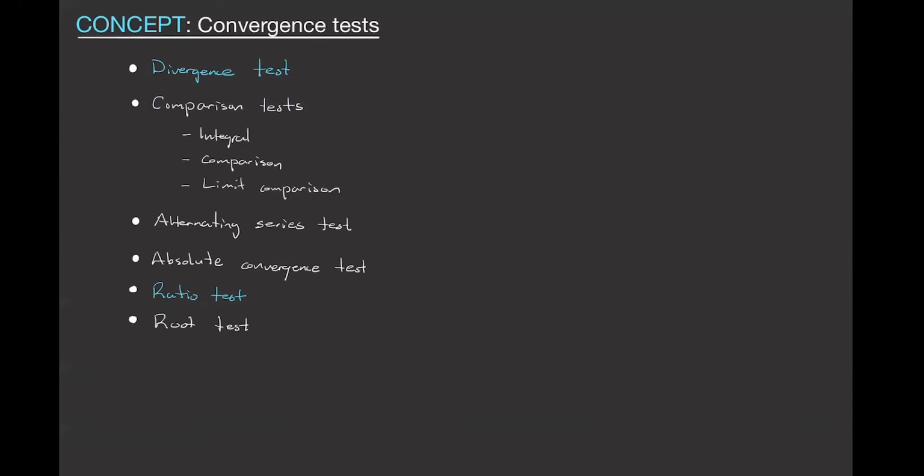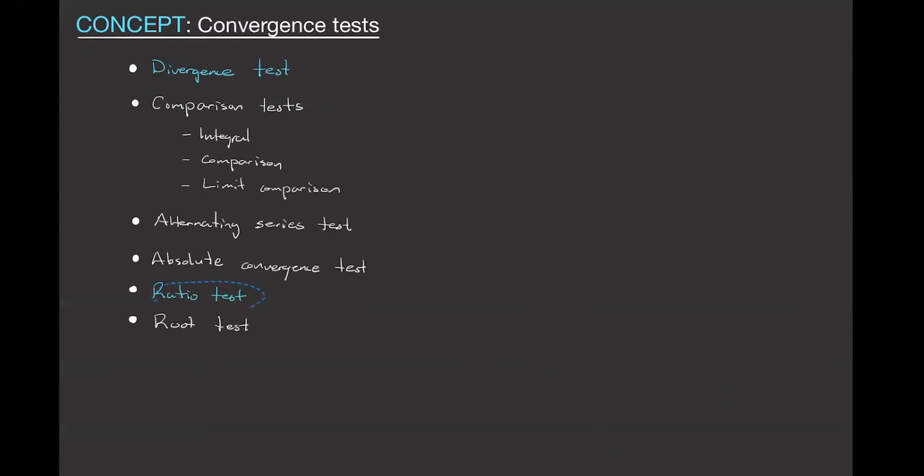But for what we'll do, especially since we're working with power series, besides the divergence test, which you could call the divergence check because it's just a really quick check to see if you can claim it's divergent right away.